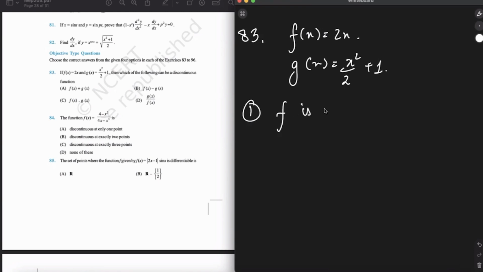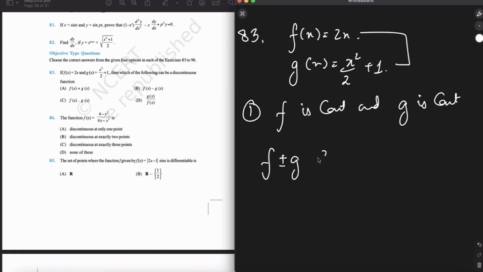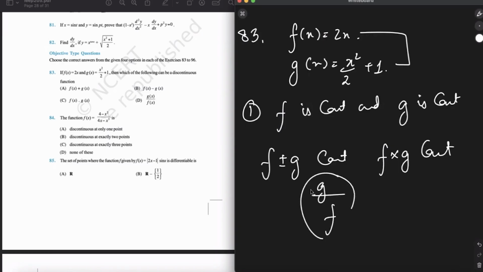If f is continuous and g is continuous, you will clearly see that f and g are continuous because they are polynomial functions. So f plus minus g will be continuous as well. F into g will be continuous as well. Now, what are we left with? We are left with g upon f. Why will it not be continuous?